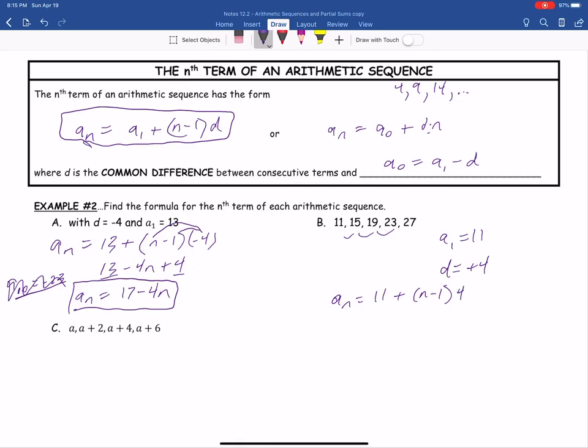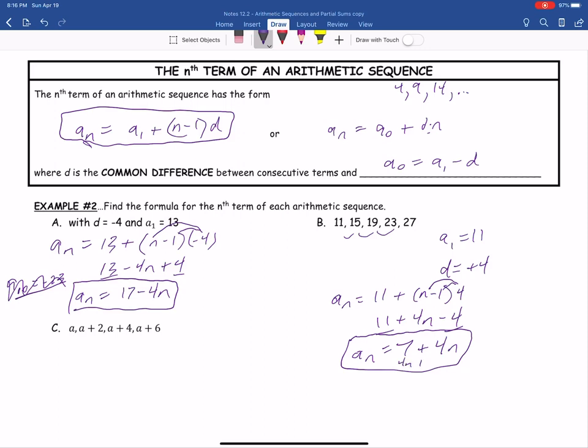If the sequence increases, D is positive. If it decreases, D is negative. So I got 11 plus 4n minus 4. If I'm not doing anything wrong here, 7 plus 4n, or 4n plus 7. Does it matter which order you put them in?